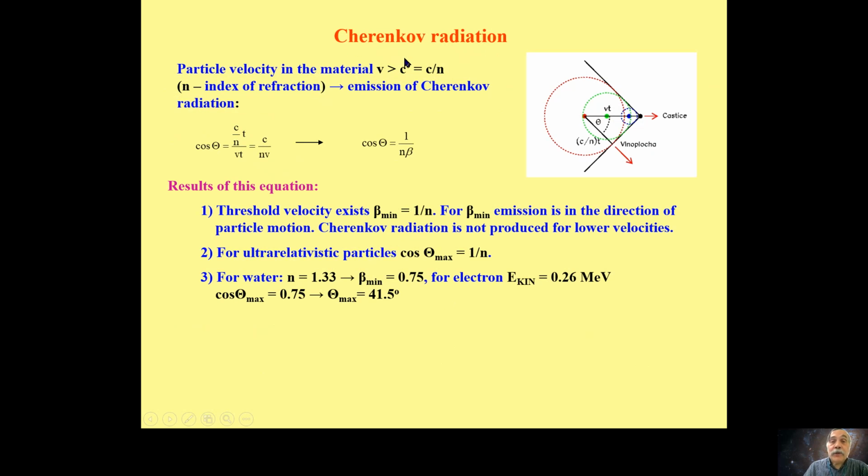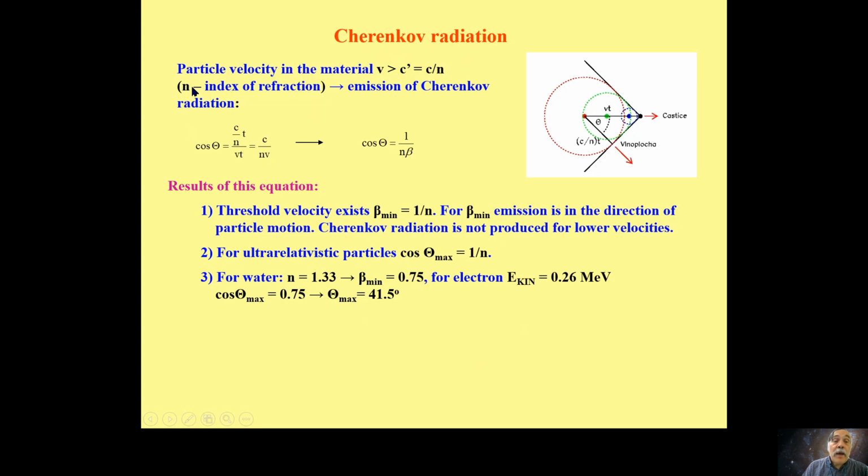We discussed possible radiation, again electromagnetic radiation, which is produced if a charged particle is moving with a velocity higher than the velocity of light in the material. The ratio between the velocity of light in the vacuum and in the material can be described by the index of refraction.